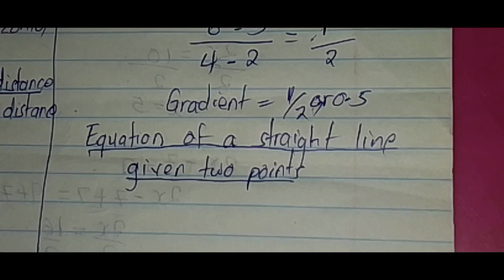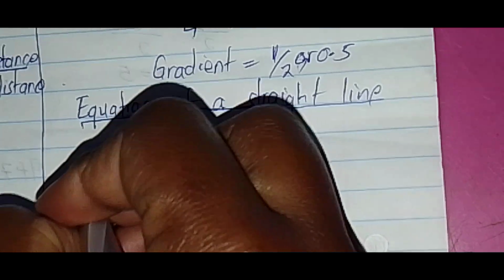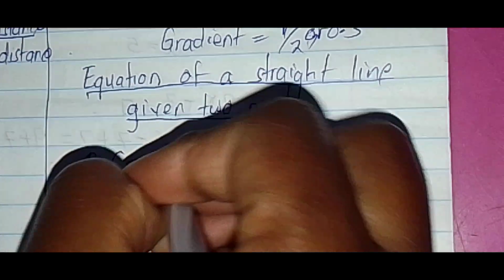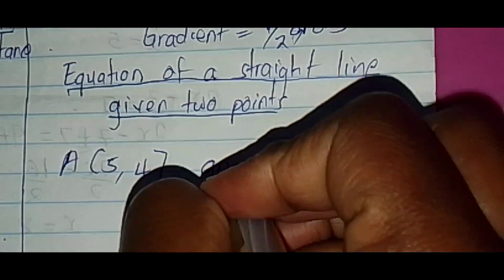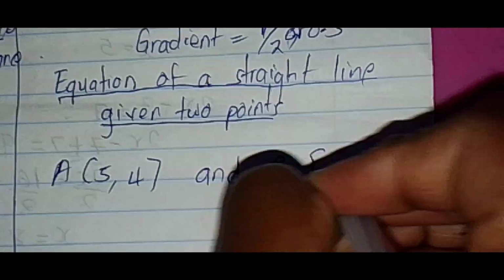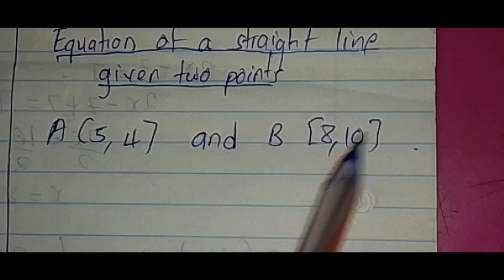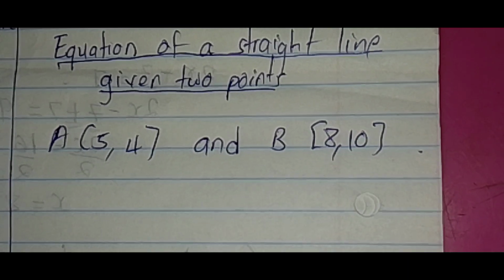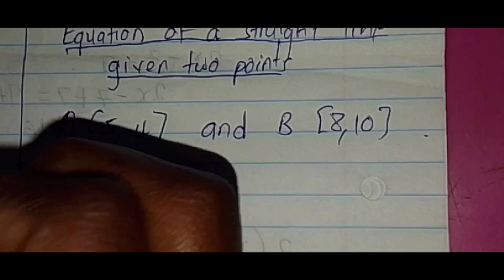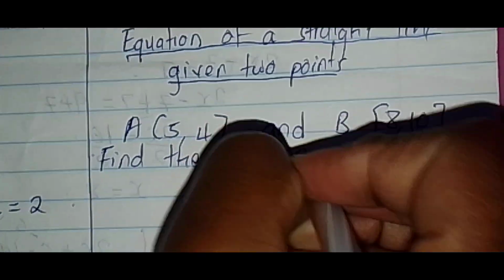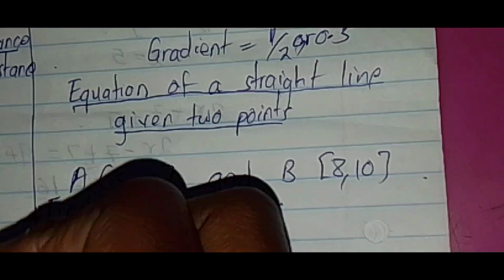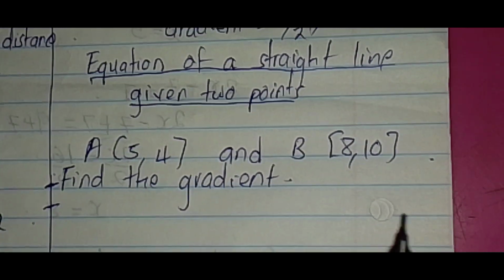Find the equation of a line passing through the points. Remember, we are finding the equation of a straight line passing through these points. We have a procedure. Find the gradient first. If you use this procedure, your work will be much easier and you'll even achieve all the marks.